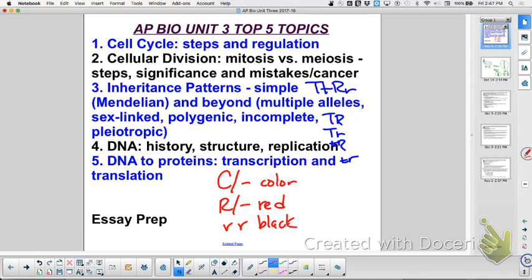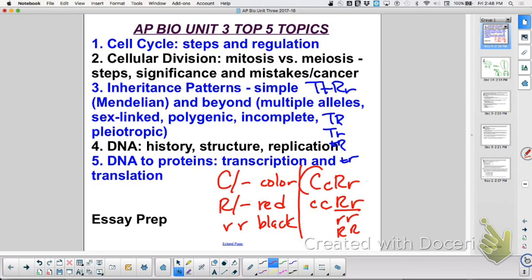Okay, so you could have this, and what would that hen be? Red. Okay, and if you had this, what would that hen be? No color. Probably it's going to be some sort of albino because no pigment is laid down. So it doesn't matter if you're big R or little r.